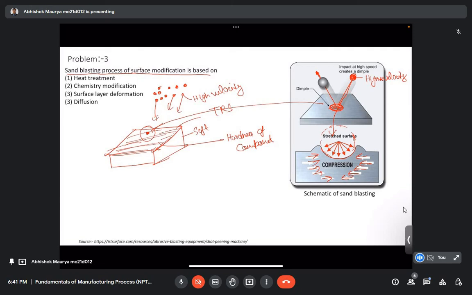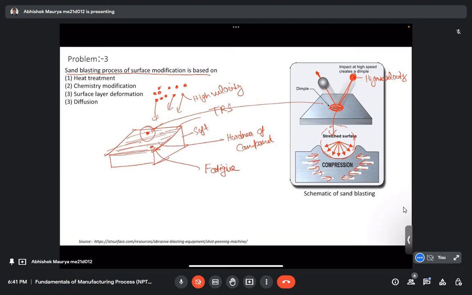Because of this compressive residual stress, the surface property is improved. Which property? Basically the fatigue life of the component gets improved.